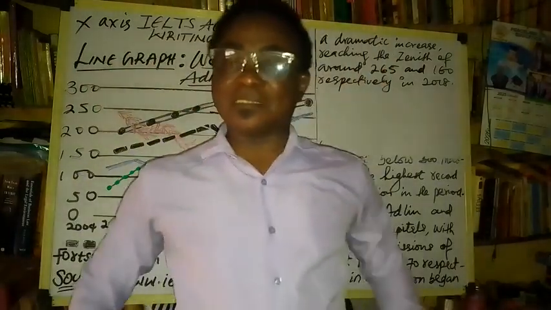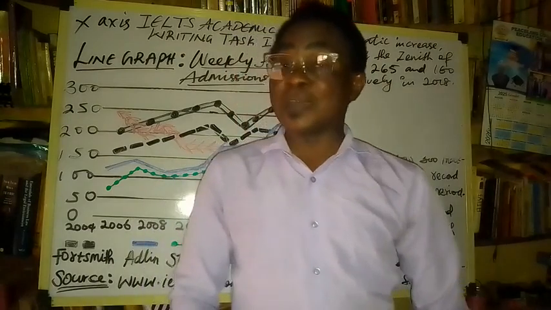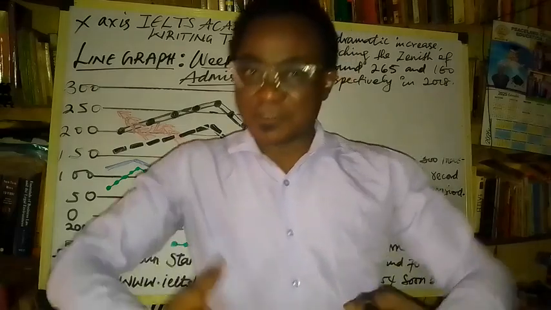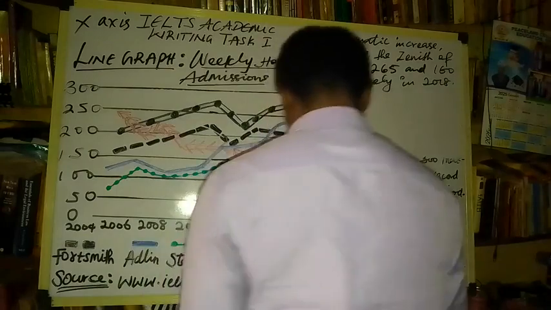So that brings the third paragraph, that is the second body paragraph, to an end, and we are now due to write the fourth, which is the last paragraph of the report. So we go on.